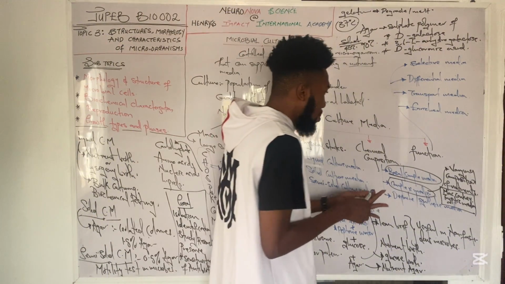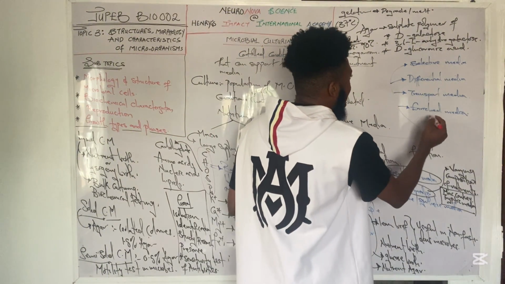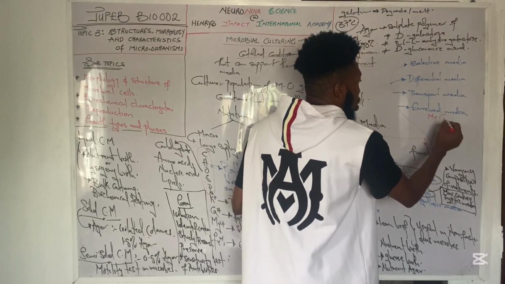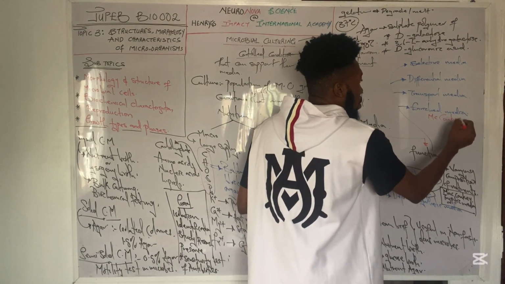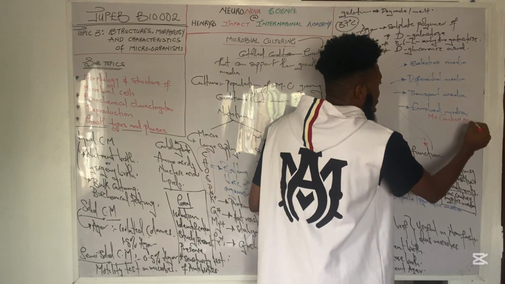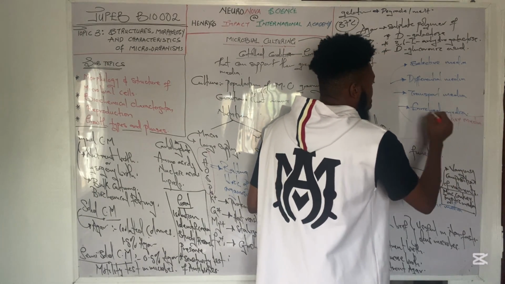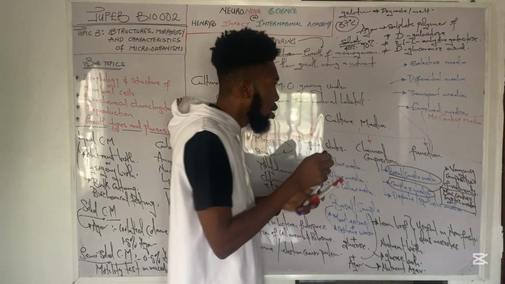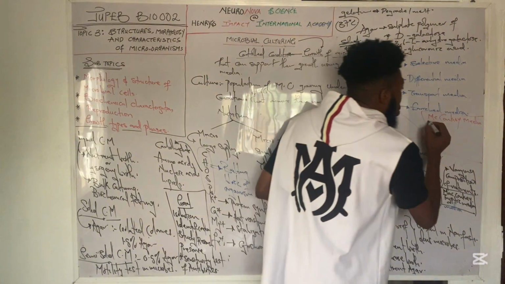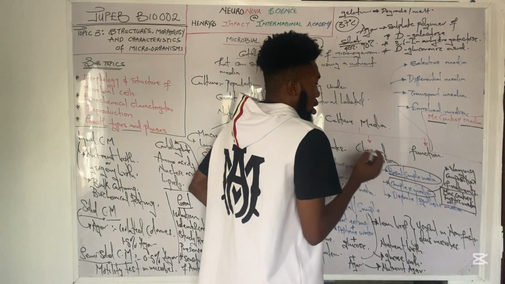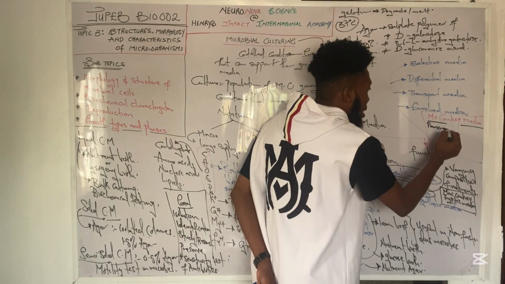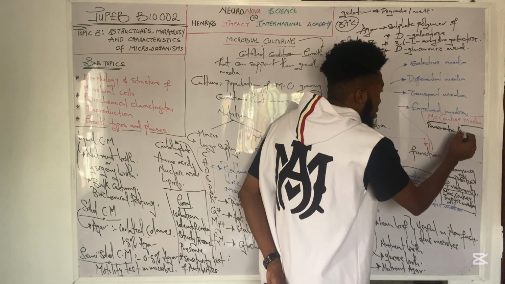So what are the components of the MacConkey media? I'm going to bring that here. Components of MacConkey media. Inside the MacConkey media, you're going to find your pancreatic digest.